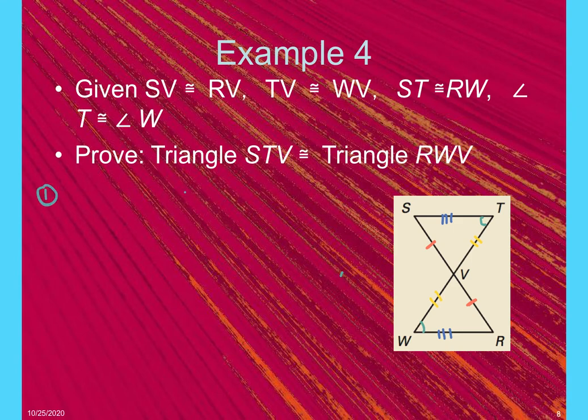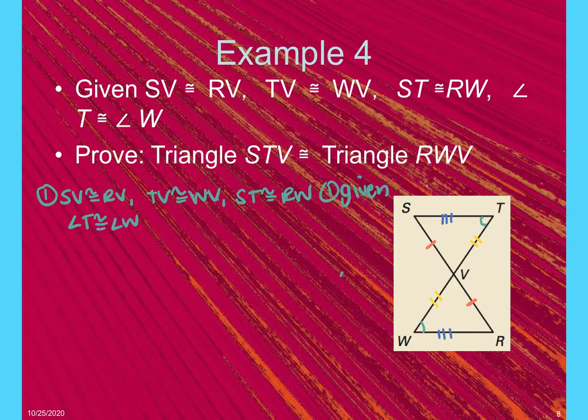So my given is the 3 pairs of sides and 1 pair of angles, which means I still need 2 other pairs of angles.